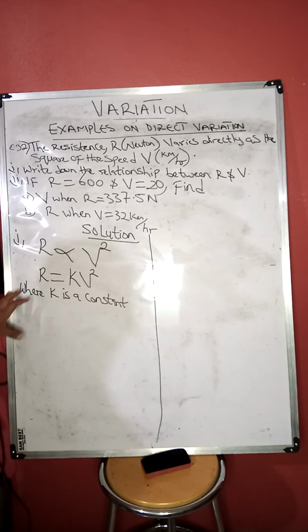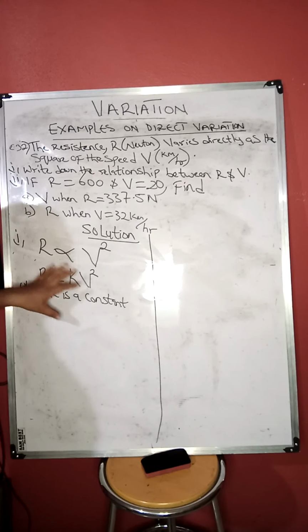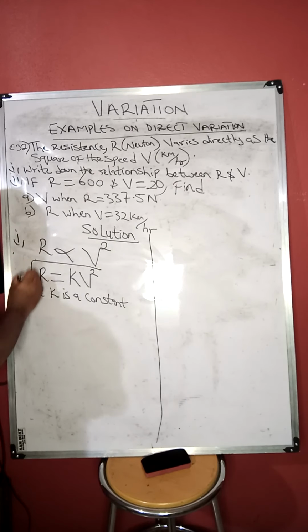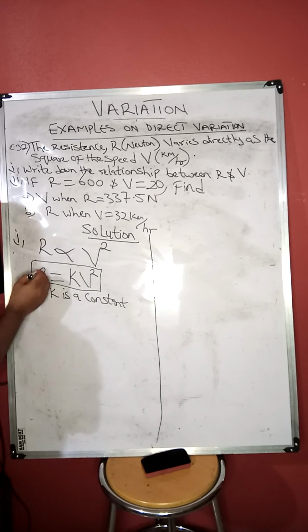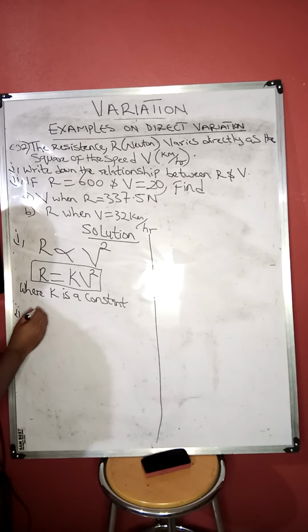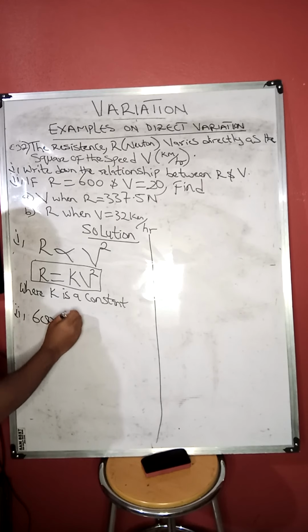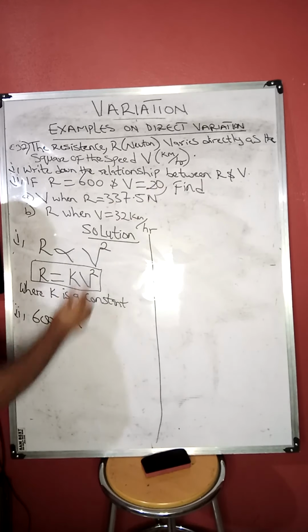Alright, now we've solved the first question. That's the relationship that exists. Now the second question says what? If R is 600 and V is 20, I need to find my constant K. So anywhere I see R, I'll put 600. 600 equal to K. My V is 20.